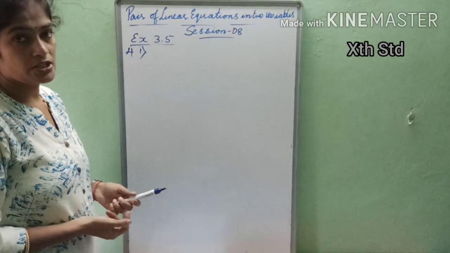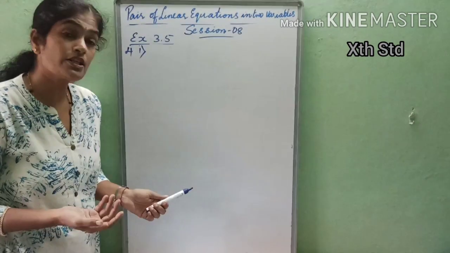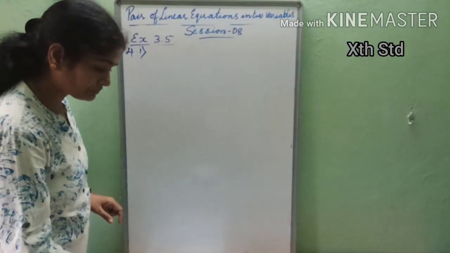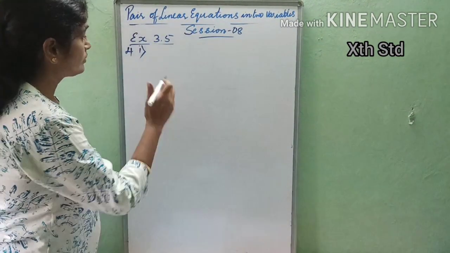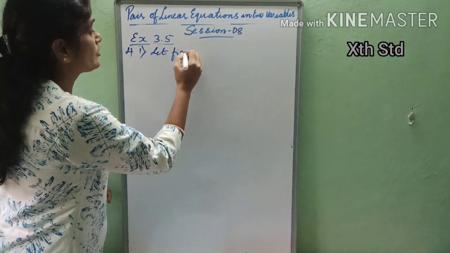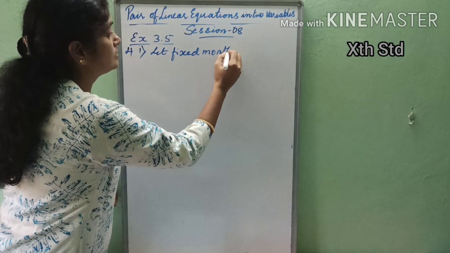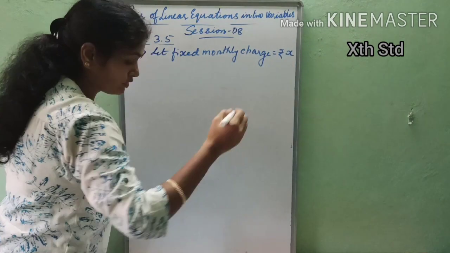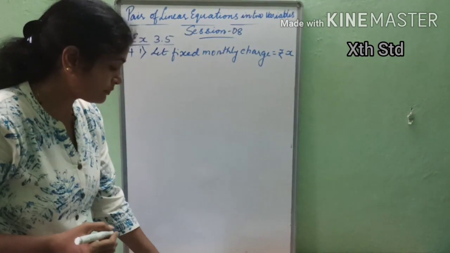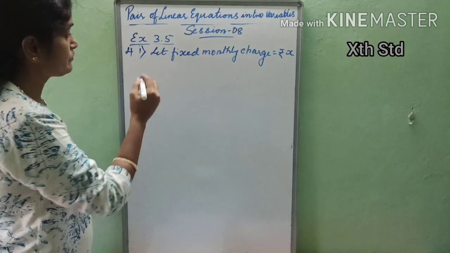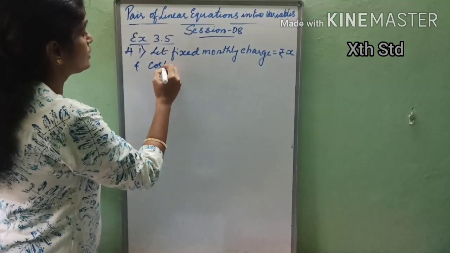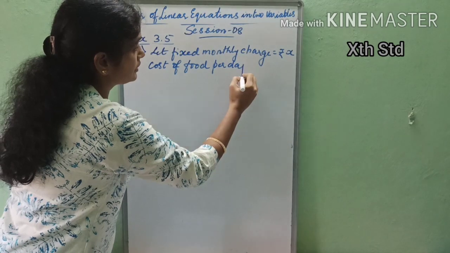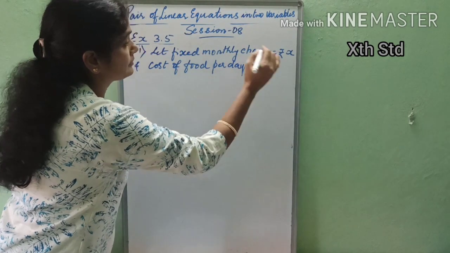Let the fixed monthly charge be rupees x and the cost of food per day be rupees y. And see the conditions and check them.